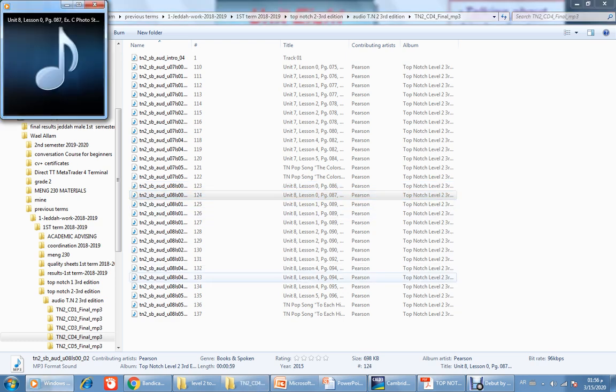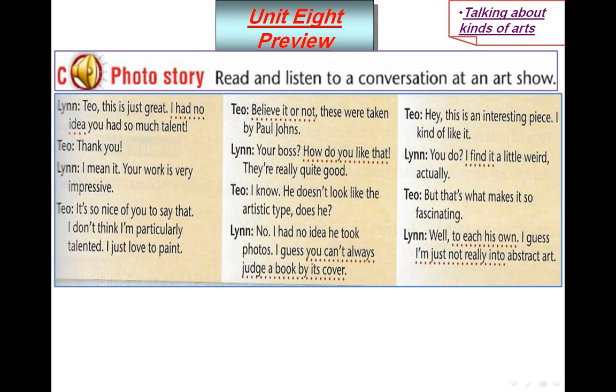Page 87. Exercise C. Photo story. Read and listen to a conversation at an art show. Teo, this is just great. I had no idea you had so much talent. Thank you. I mean it. Your work is very impressive. It's so nice of you to say that. I don't think I'm particularly talented. I just love to paint. Believe it or not, these were taken by Paul Jones. Your boss?